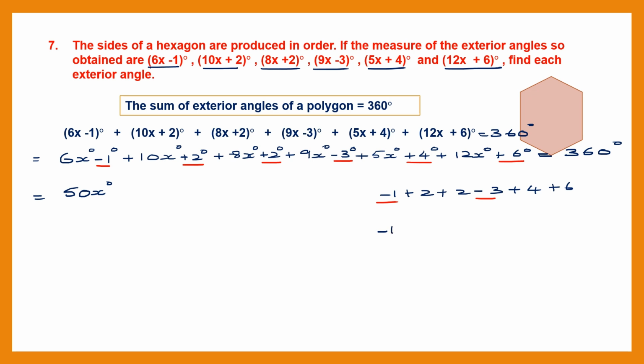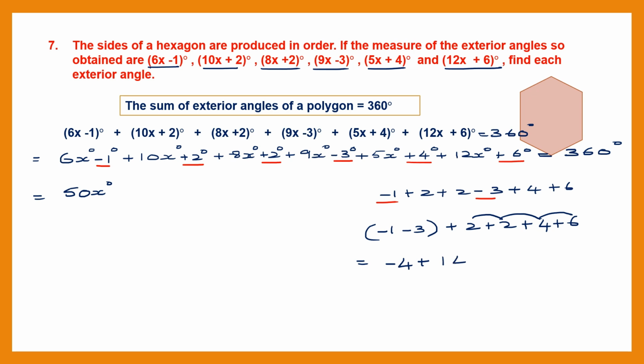Minus 1, minus 3. And we'll put the others together. Plus 2 plus 2 plus 4 plus 6. So minus 1, minus 3, we've learned integer signs are the same. So we'll put the same sign and we'll add 1 plus 3 is 4, negative 4. Plus, let's add this up. 2 plus 2 is 4, 4 plus 4 is 8, 8 plus 6 is 14.